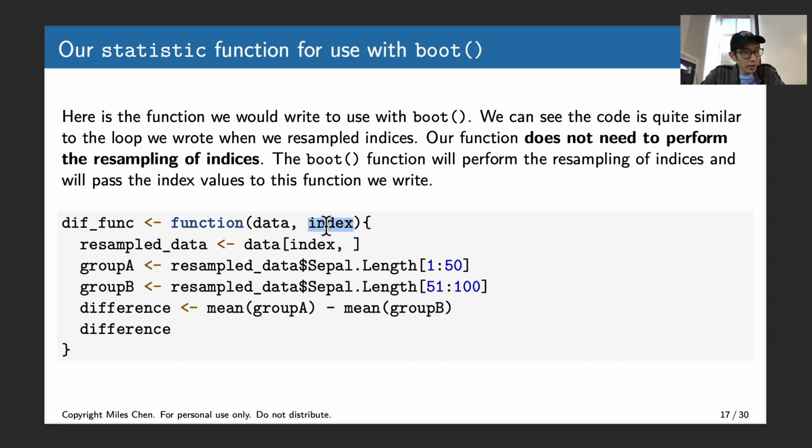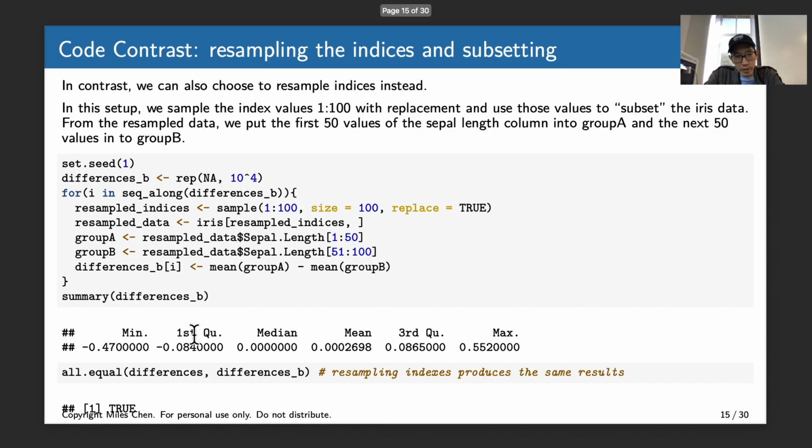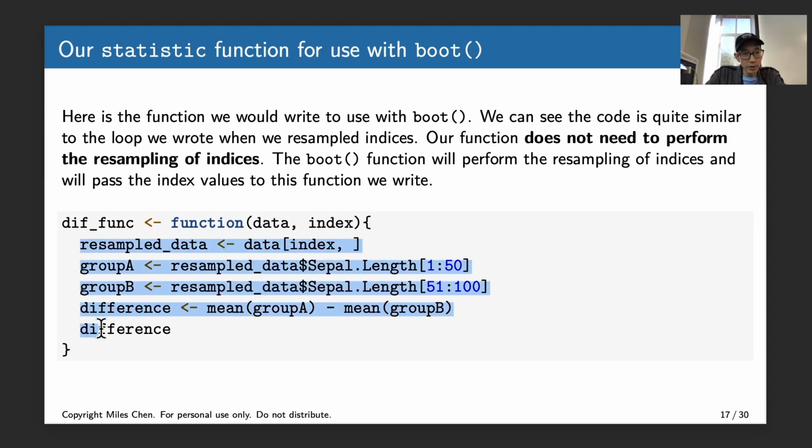That part is done, and what we do is we subset our data. I'm going to take our data and subset our rows using those indices to get our resampled data. Pay attention to this code and the code that I've written here. They're almost identical. The code inside my for loop is almost identical to the code inside my function.